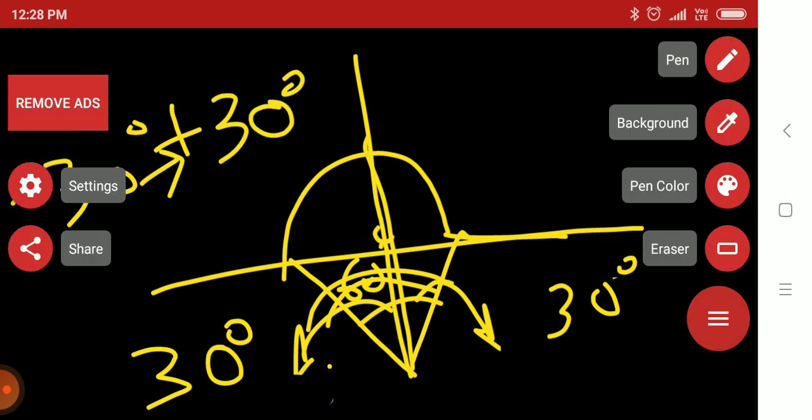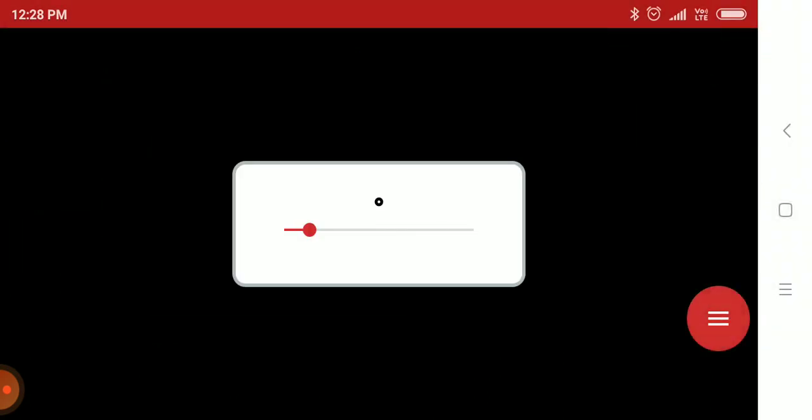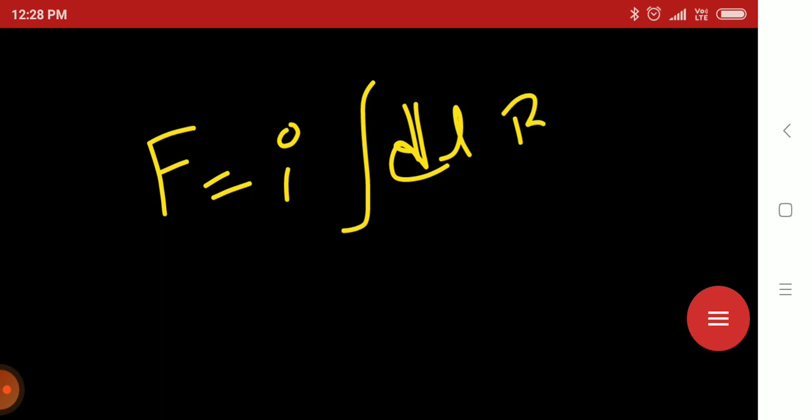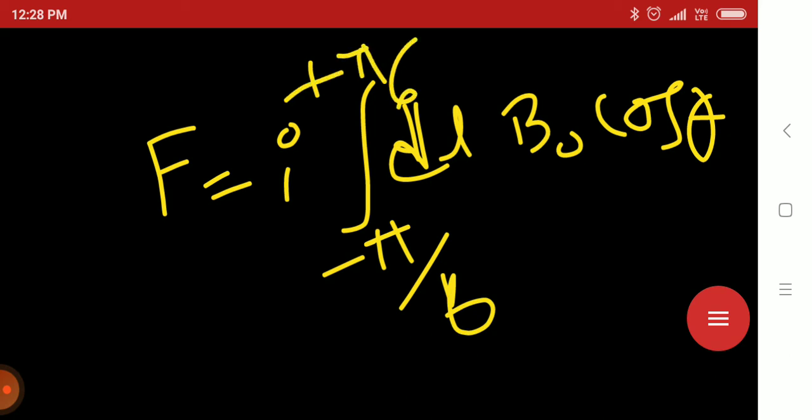Okay, now doing the integration, so it's very clear to us. Force equals I dl B0 cos theta, from minus pi by 6 to plus pi by 6.